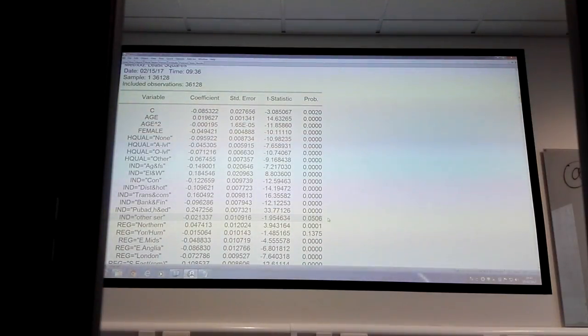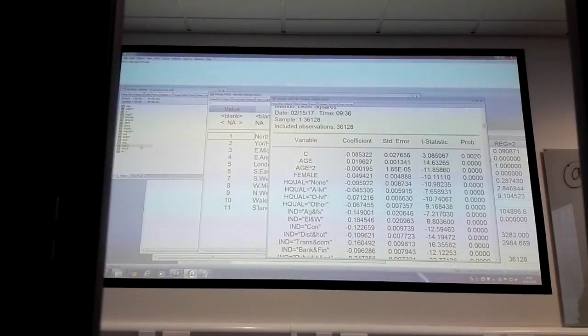Can you remember what the mean value of age is in our sample? We can quickly check that.